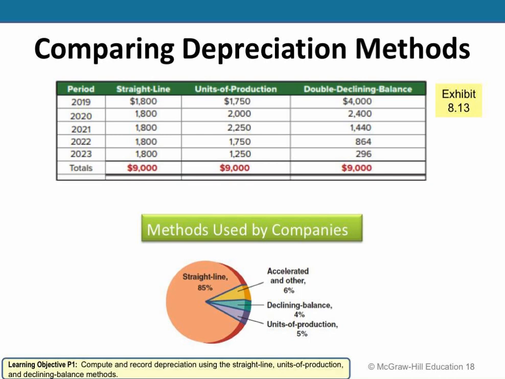So of the methods used by most companies, straight line is going to be overwhelmingly what is selected, and it's fairly intuitive and fairly easy to use over that life. We're going to have some still preferring some other type of accelerated method, a declining balance, or some using the units of production. But 85% of companies will pick that straight line.